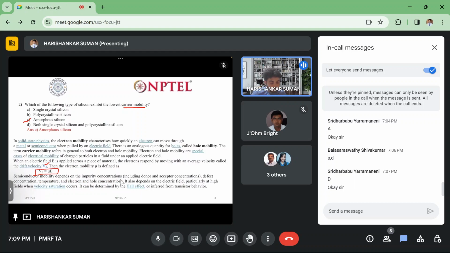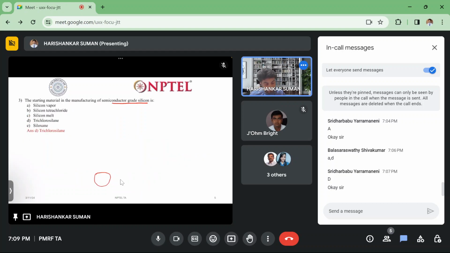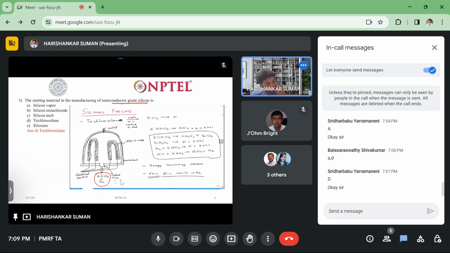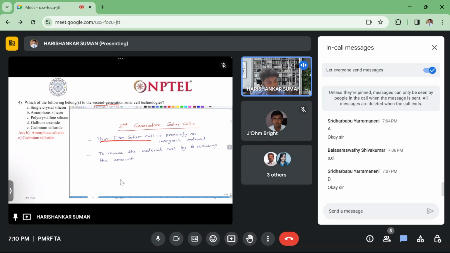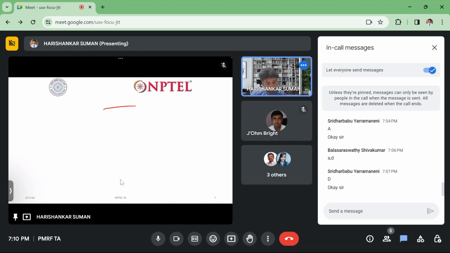And this is also a carrier mobility question. And these are the Siemens process reactions. Please learn these things also. And types of generation of solar cell, first, second, third, and fourth. Which type of process is used for manufacturing semiconductor grade silicon.